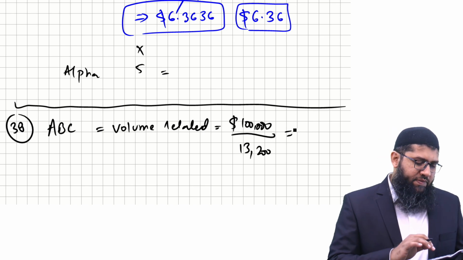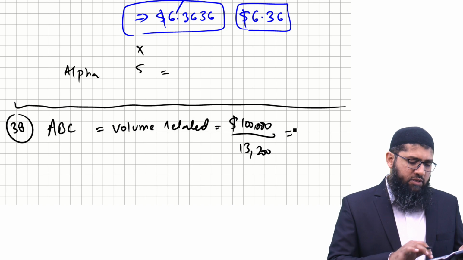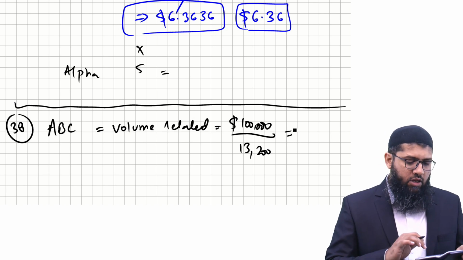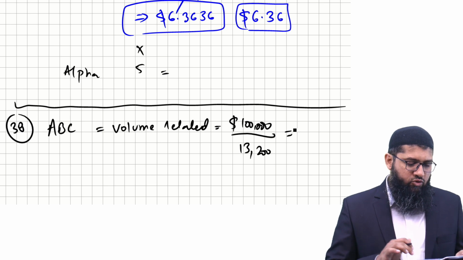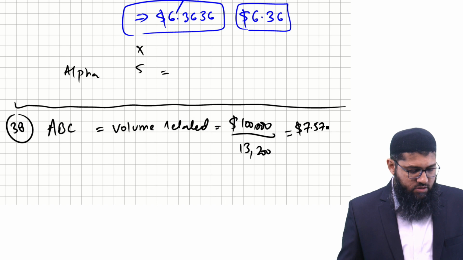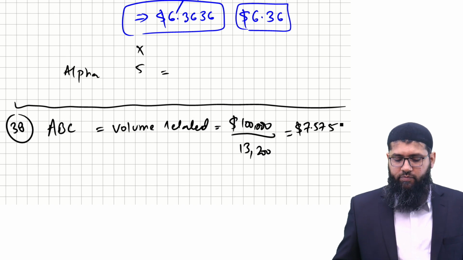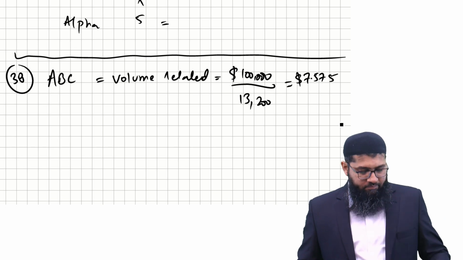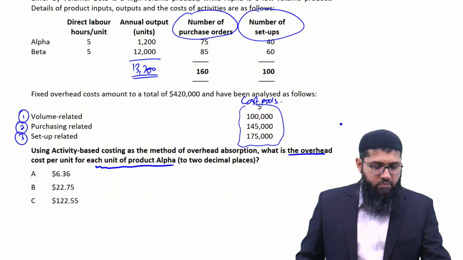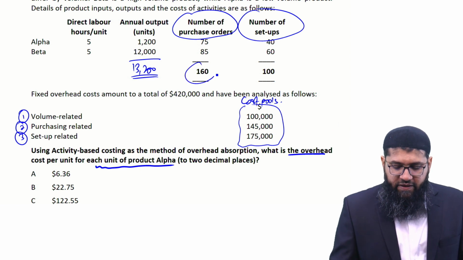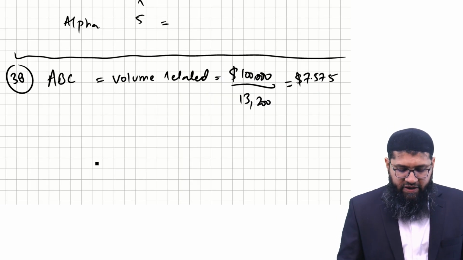So 100,000 divided by 13,200 is 7.575. That's number 1. What's number 2? You've got purchasing related, which is going to be on the basis of purchase orders.